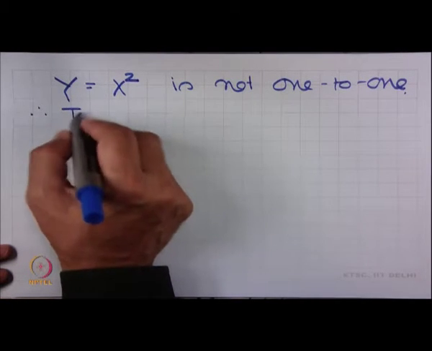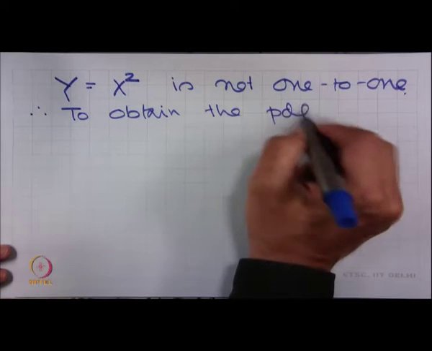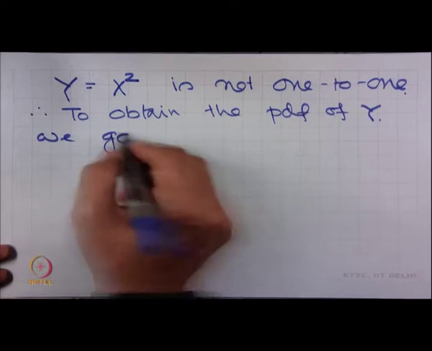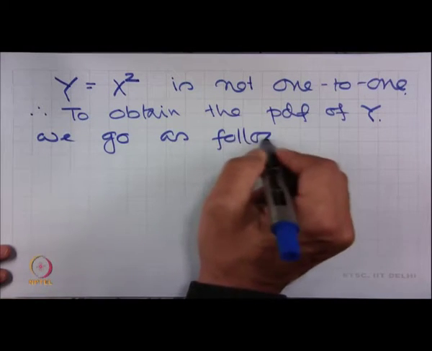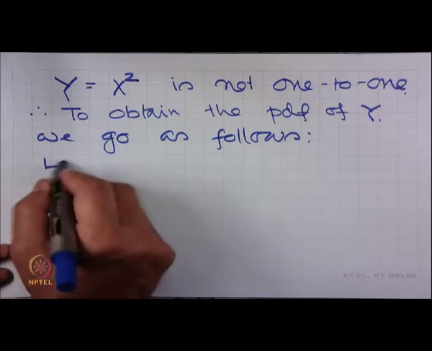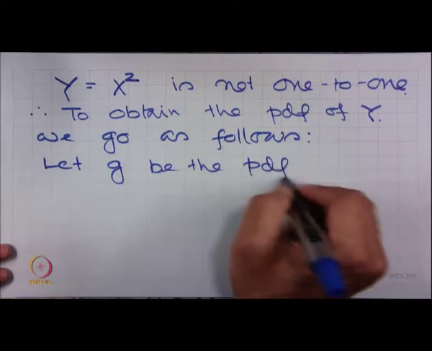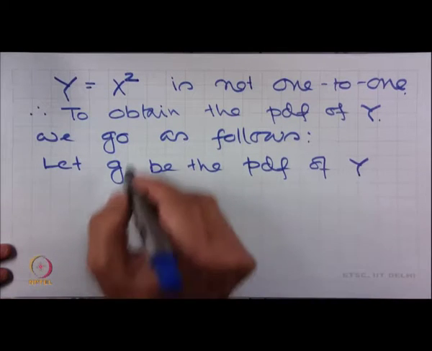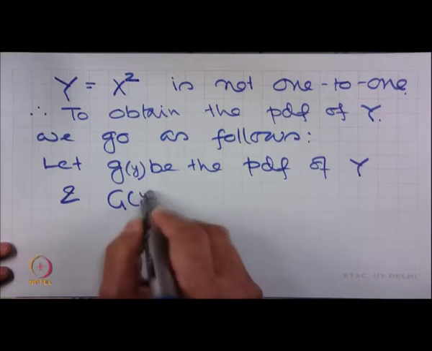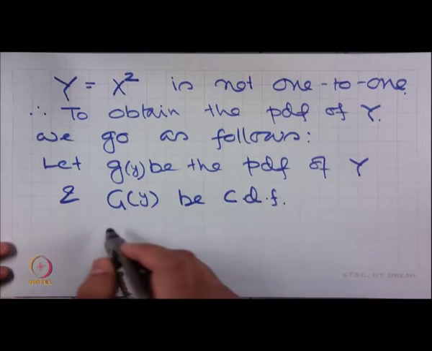Therefore, to obtain the PDF of y, we go as follows. Let g be the PDF of y, maybe I write it as g y, and G y be the cumulative distribution function.